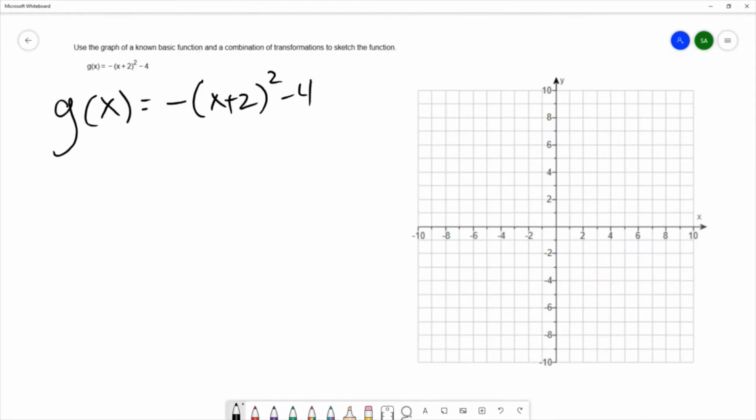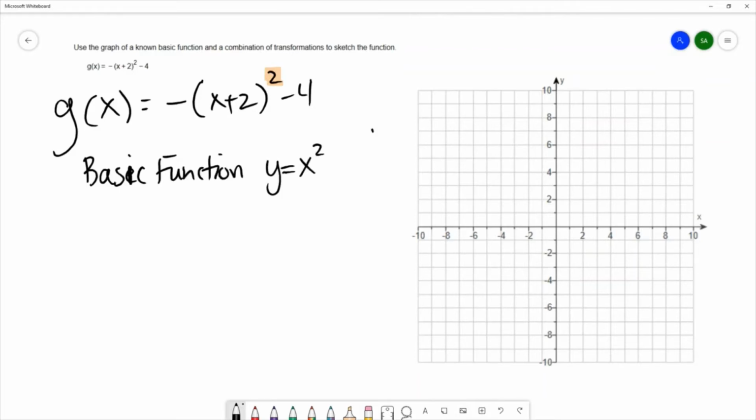So we want to figure out what the basic function is first, and we have a clue right here. Our clue is this squared. So our basic function is y equals x squared.